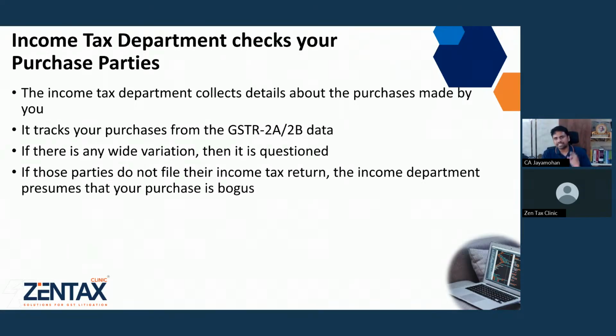The income tax department might take some assumptions if there is wide variation between transactions reported in GSTR-2A, the expenses for which you have made payment to your suppliers as per GST returns, and the expenses reported in the income tax return. If the expenses are significantly higher in the income tax return, then the income tax officer might assume that these expenses are fake or bogus, and they might get assessed as your income.